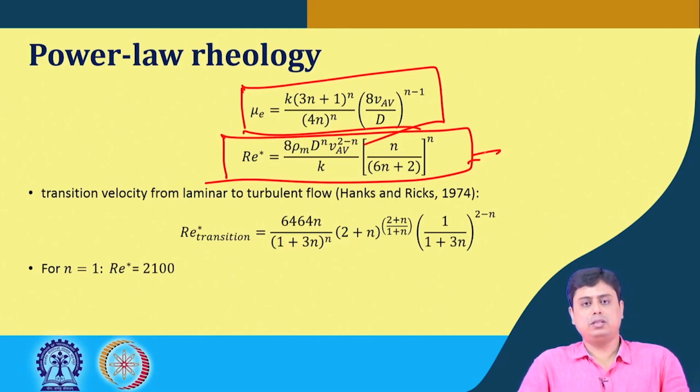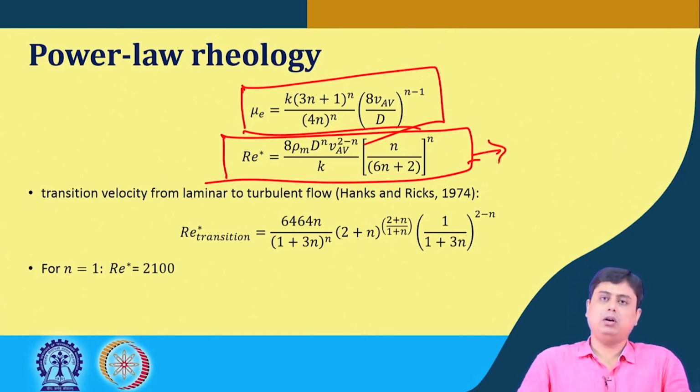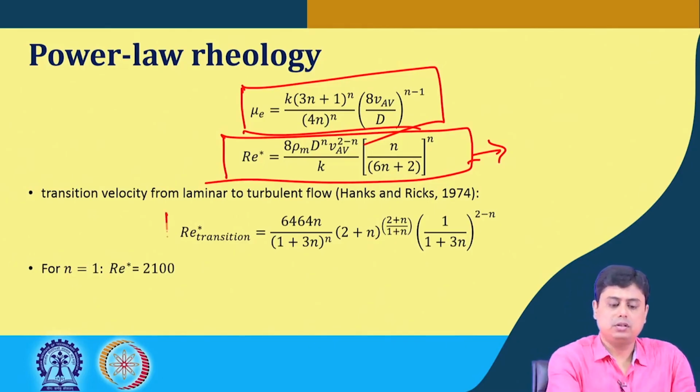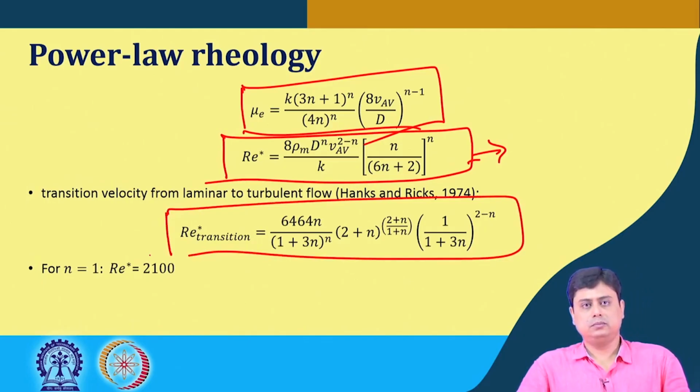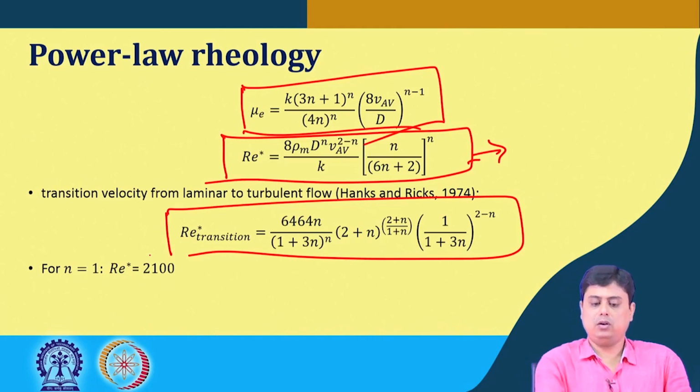Now the second issue was, what is the critical or the transition Reynolds number, based on which we can understand whether this flow is laminar or turbulent. Now there are several expressions, several correlations, in order to find that. One of such is given here. So the transition Reynolds number is completely dependent on the power law index basically here, not the consistency index.